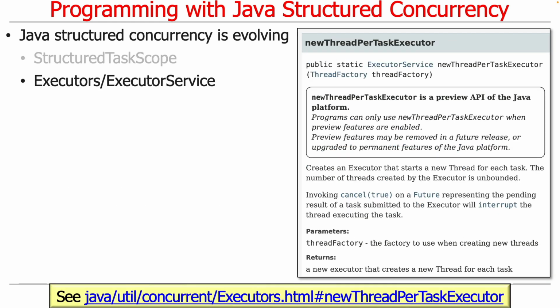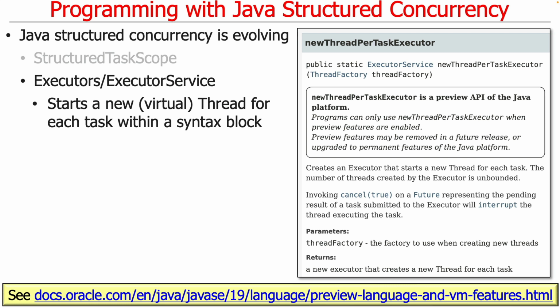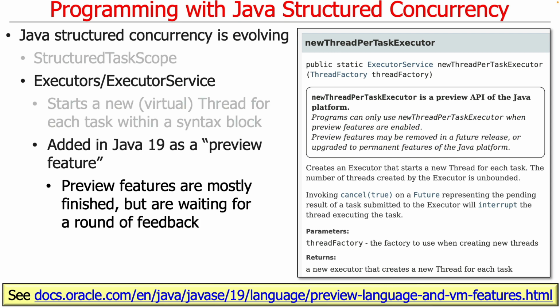There's also another, older mechanism for dealing with structured concurrency: the Executors ExecutorService variant. It starts a new thread or a new virtual thread for each task within a syntactic block, and it uses more traditional features that have been around for almost 20 years, called Java ExecutorService. This feature is what's called a preview feature.